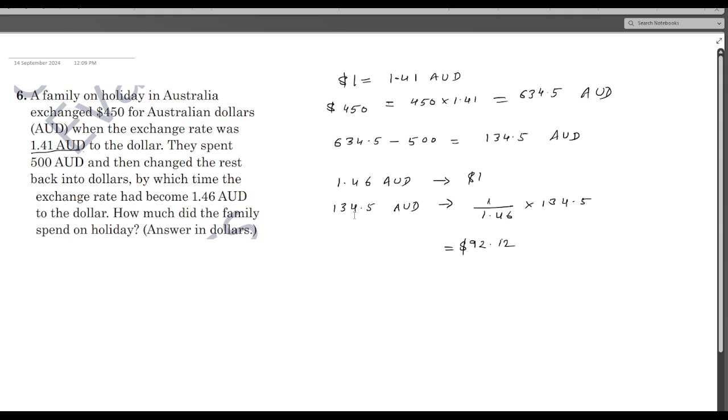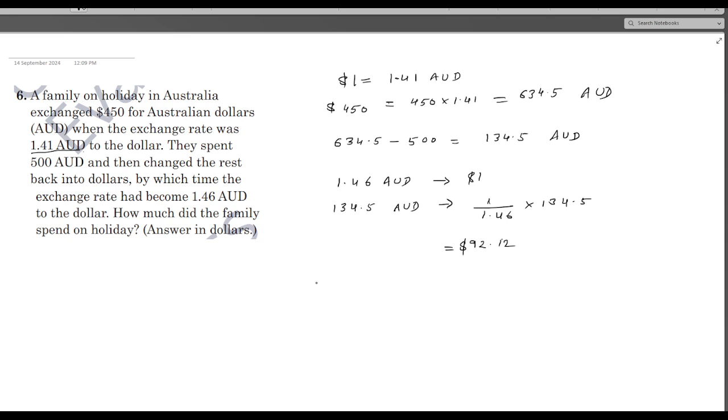How much did the family spend on holiday? Okay, they are asking me how much they spend. They spend 500 AUD and then change the rest back into dollars, by which time the exchange rate had become 1.46. How much did the family spend on holiday?